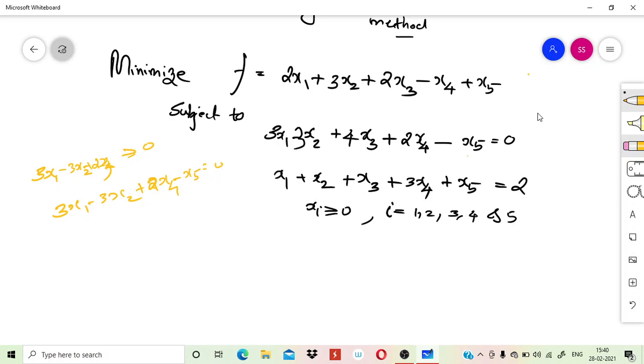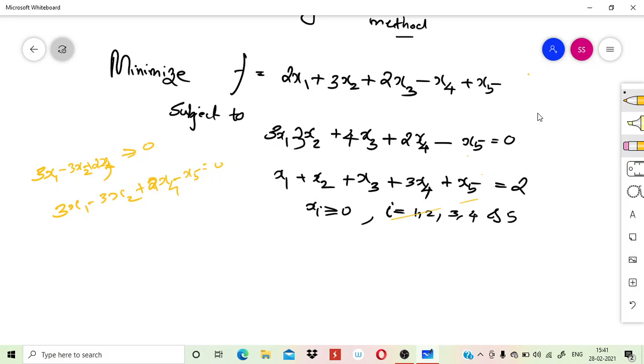But this is the procedure. If it is greater than or equal to 0, then you have to subtract a surplus variable so that it will become an equation. You should have equations finally. Then only the two-phase simplex method is applicable.